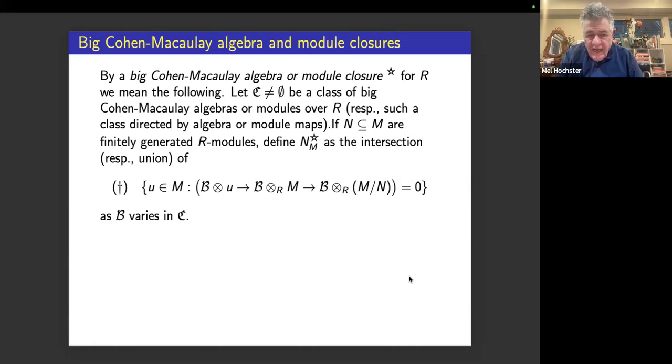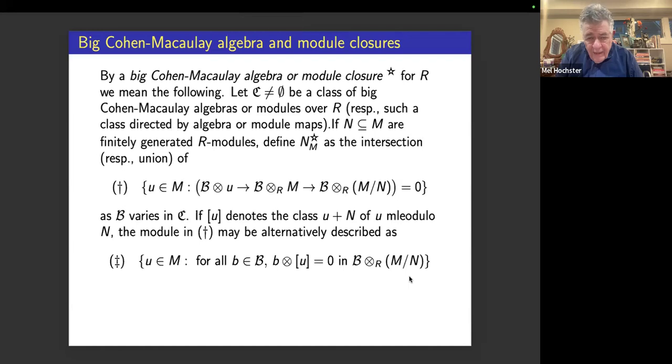So depending on whether you're taking intersection or union, in one case you're requiring it go to 0 whenever you map to B, or you can just require that it go to 0 for some object in the class.